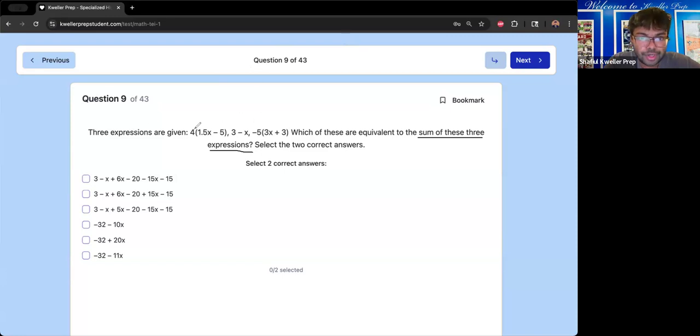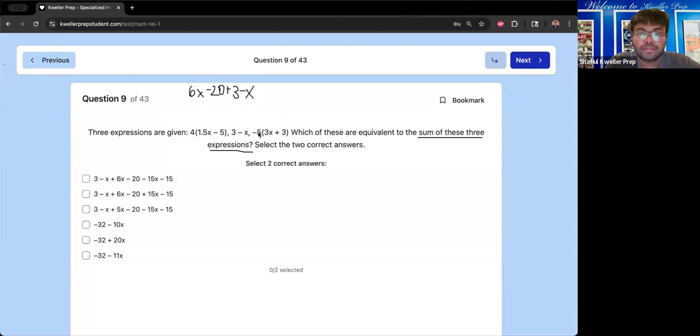Let's distribute first. 4 times 1.5x is 6x. 4 times -5 is -20. We're adding all these expressions. I just did the first one, we're going to add the second one. 3 minus x, nothing to distribute. We can just leave that. Okay?